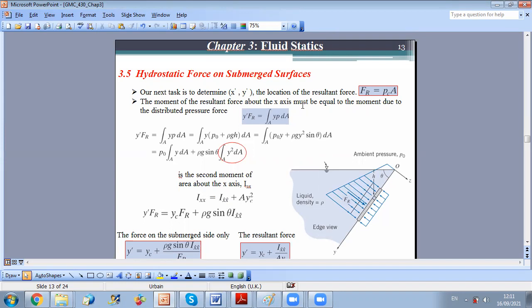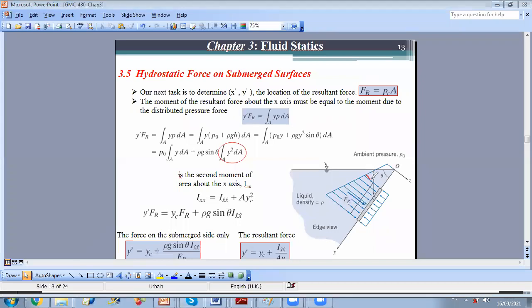I have a distributed load, as you see in this figure. The pressure is increasing with depth, so I have varying pressure, okay? And this will lead to a certain linear distributed load.